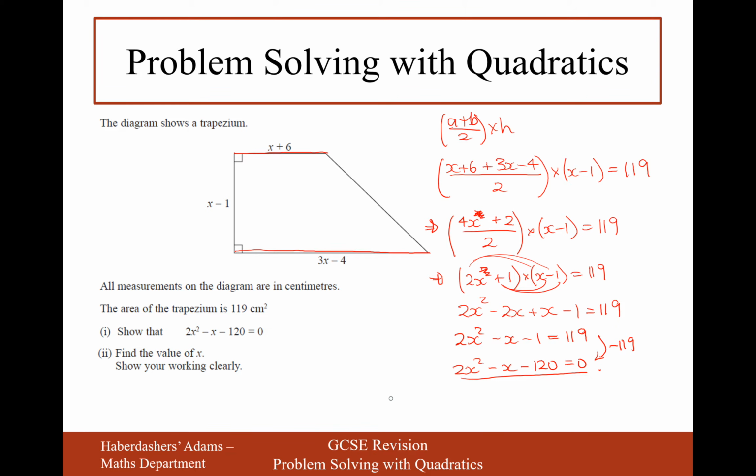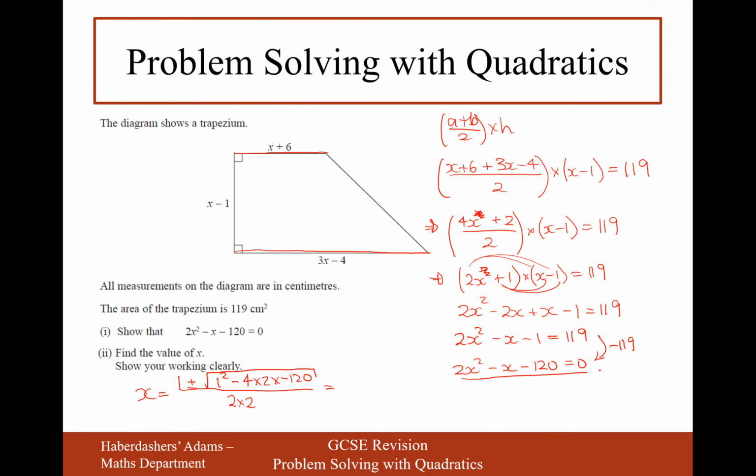Good stuff. We now need to find the value of x, so let's now use the quadratic formula. It's going to be minus b, and b is already negative, so it would be 1 plus or minus the square root of b squared, that's 1 squared, minus 4 times 2 times minus 120, all over 2a, so that's 2 times 2.